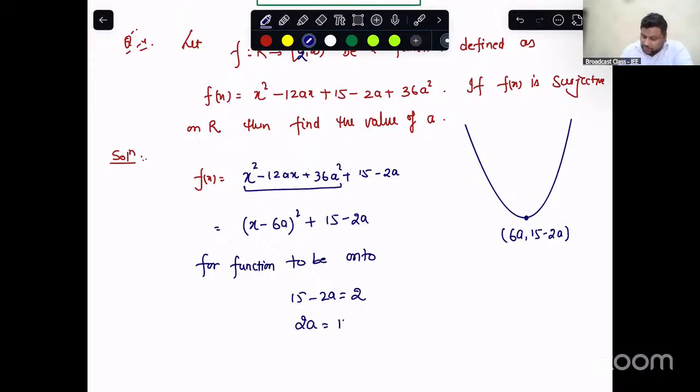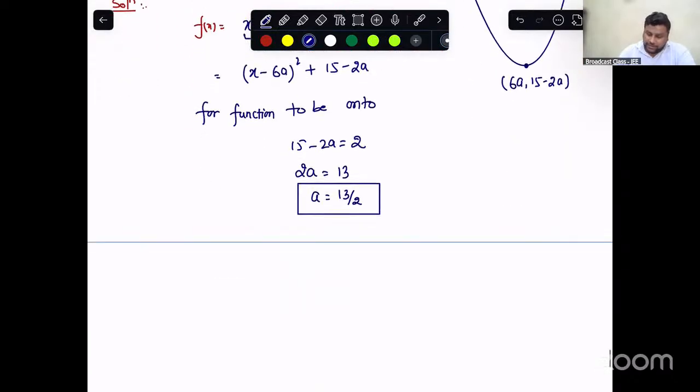So 2a equals to 13. So a came 13 upon 2. Am I correct? Understood, everybody? Got it?